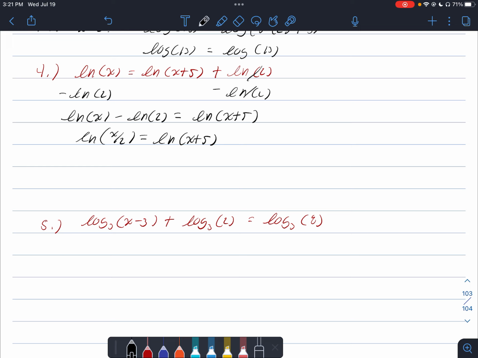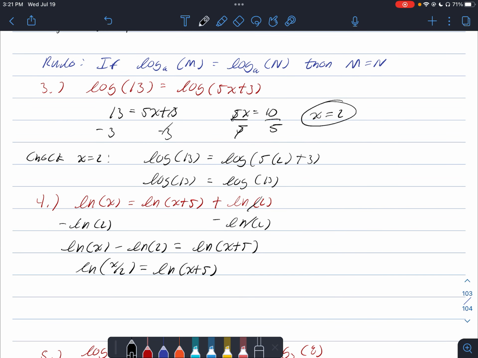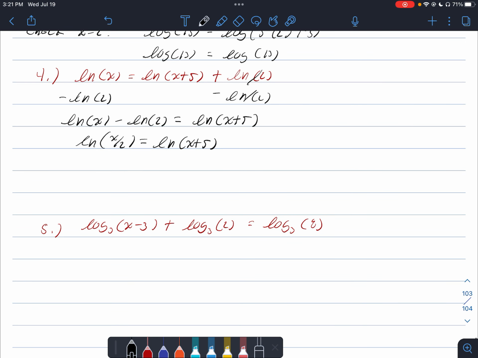And now we can take advantage of this rule that says if log base a of m is equal to log base a of n, then m must be equal to n. So now we can just ignore the natural logs here, and then we have x divided by 2 is equal to x plus 5.